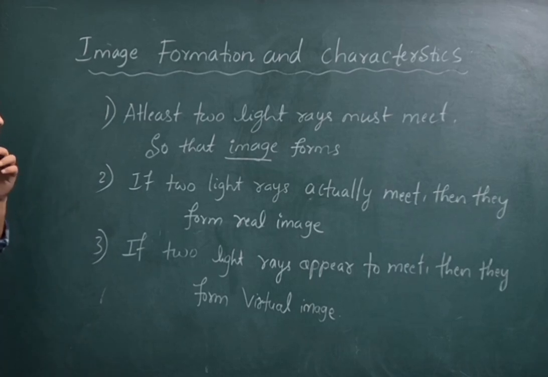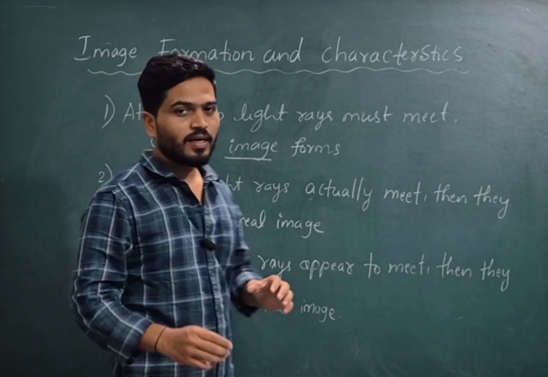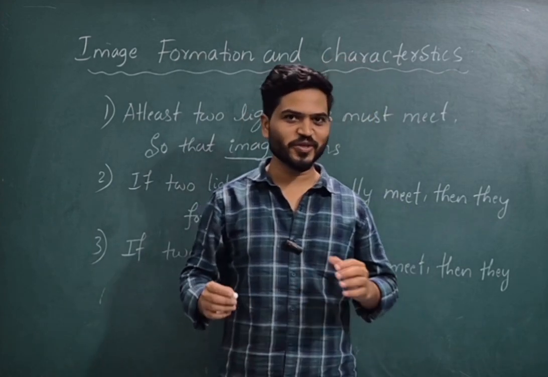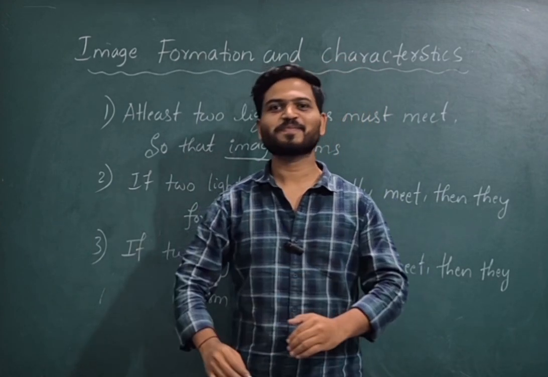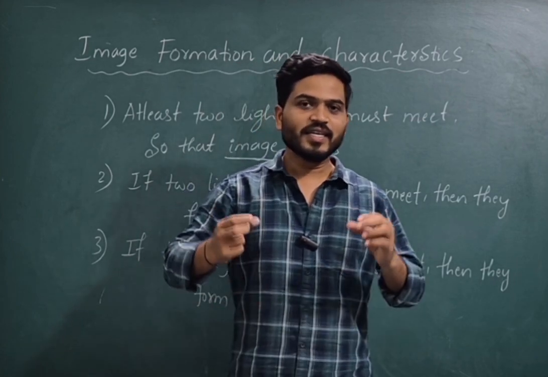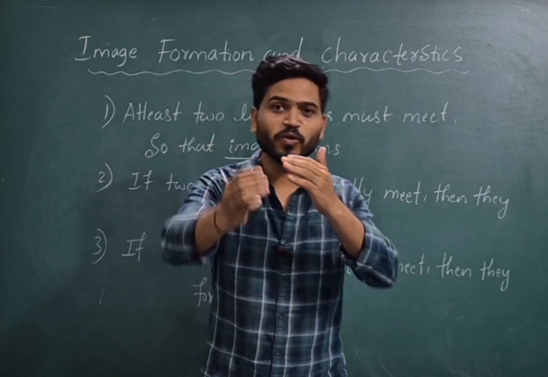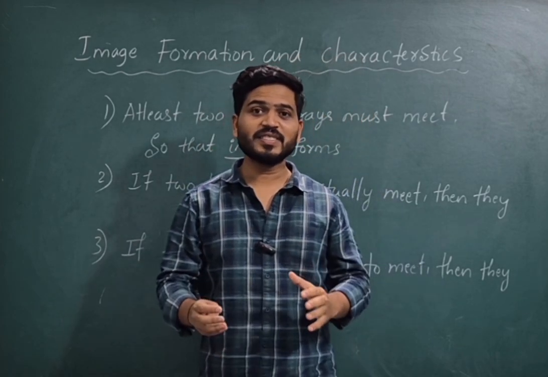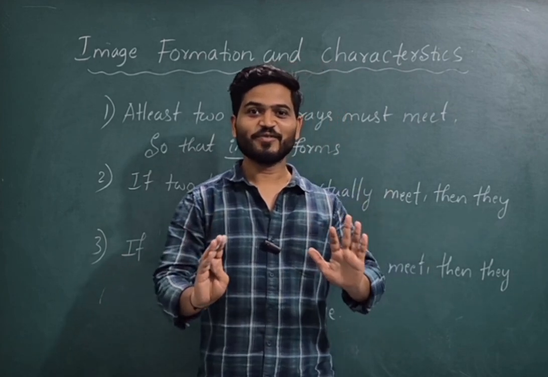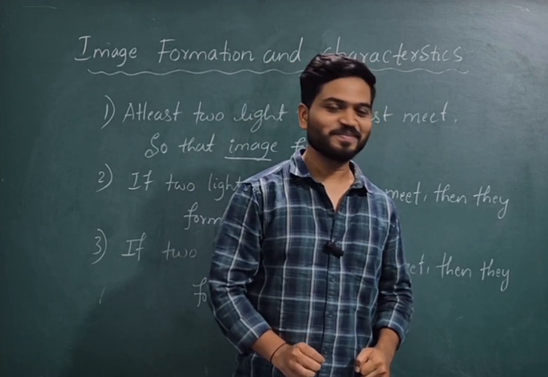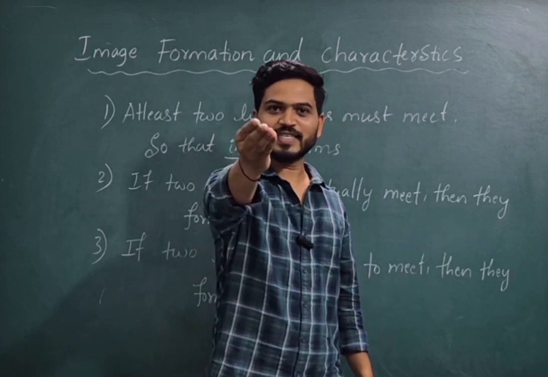Second thing, if two light rays actually meet, then they form a real image. Here comes the confusion for most of the students, but I won't allow it to happen, right? If two light rays are meeting exactly in reality, in front of you, that means it is happening really, okay? There is no illusion. For example, now I am teaching you in front of this camera.